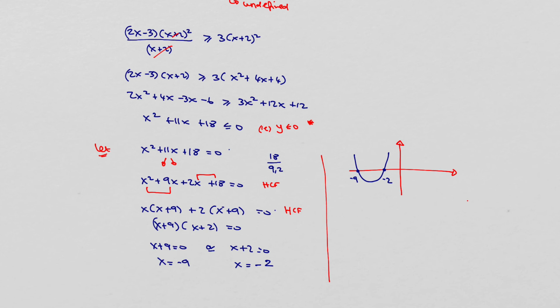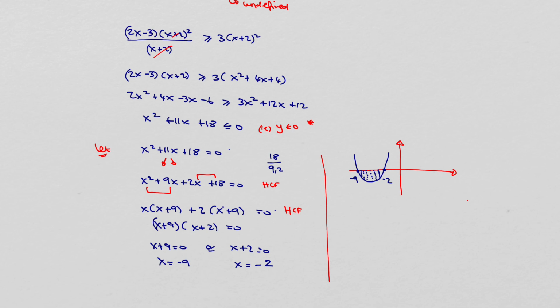So in other words, if I go to minus 2, my y value is 0. And if I go past minus 2, so minus 3, I find my y value is negative. If I was to go to minus 4, my y value is negative. Minus 5, my y value is negative. Minus 6, minus 7, minus 8, my y values are negative. But when I get to minus 9, my y value is then 0.